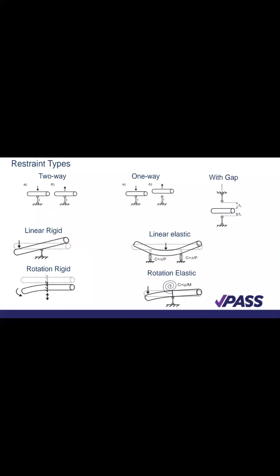Now here, you have your restraint type. Now your restraint type has to do with the type of restraints you can have. Remember, this restraint is talking about things that can help in keeping things in place. That's why we define an anchor as a device that is used in keeping objects in place. So here we have the two-way, the one-way, the gap. That's the restraint type with gap. Now for the two-way support or the two-way restraint, it means that the pipe that you are modeling can move in two directions.